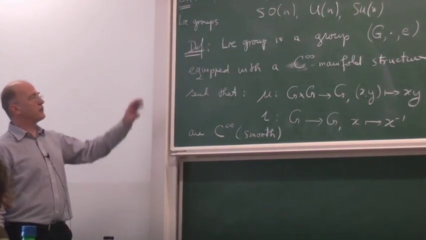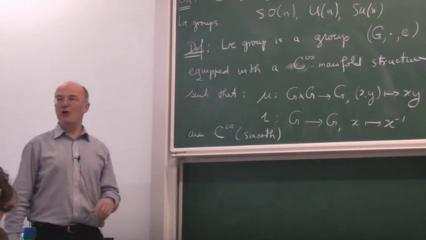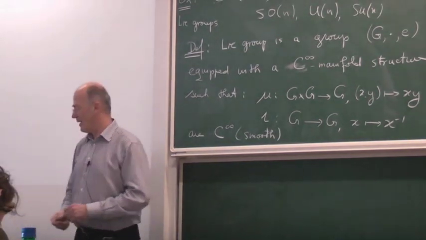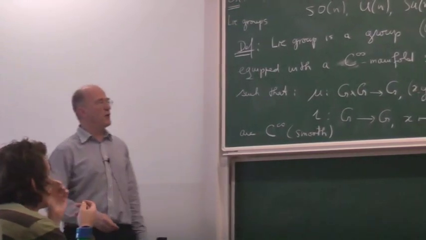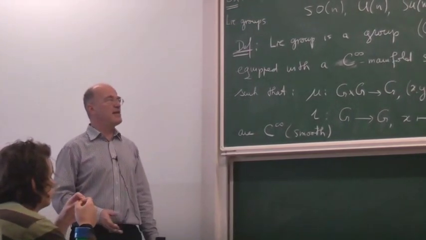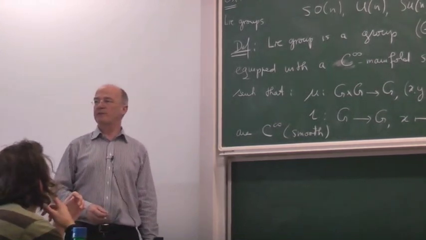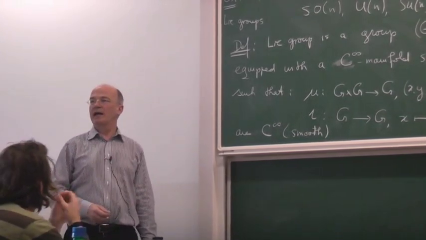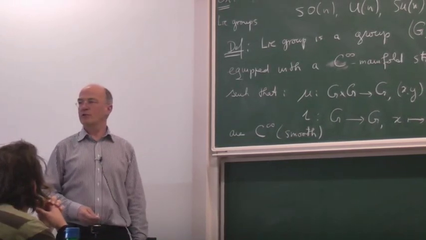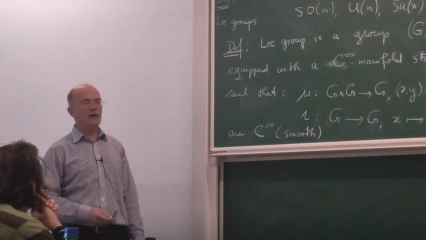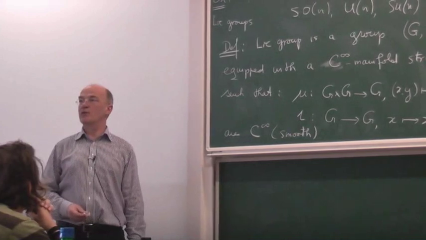In order to understand this definition, you need to know what a manifold is. There are a few basic things that you know about manifold theory. This is really a preliminary for this course: you should have seen this in an introductory course on differential geometry.